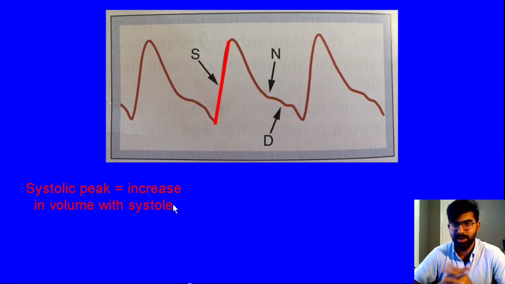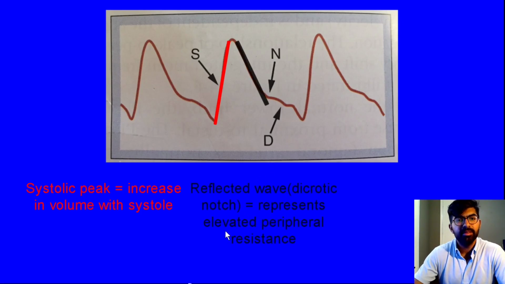We're not talking about forward moving blood flow, backward moving blood flow. We're talking about an increase in the volume, which is what it measures, okay? So in systole, the volume in that segment increases. Now, you get a reflected wave, a dichrotic notch, which represents an elevated peripheral resistance.